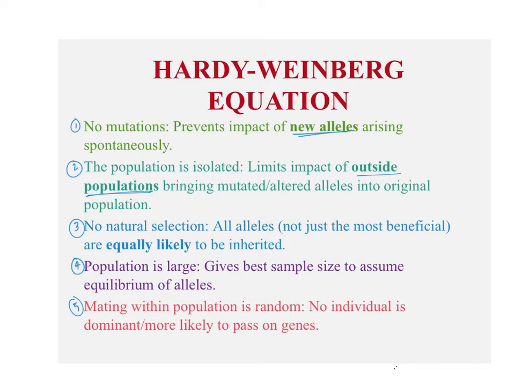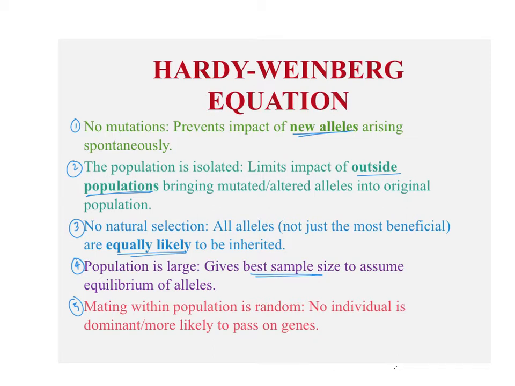Again, no natural selection. There's no advantageous alleles, so all alleles are equally likely to be inherited. The population is large, so it gives a big sample size. We're going to assume that that's standard if we've got a big sample size, that there's no other weird things going on. And finally, we've got that random mating, so there's no like alpha male or queen bee or something like that who is more likely to pass on their genes over the population.